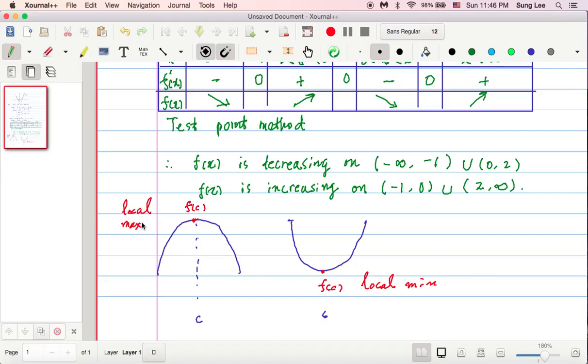And it turns out that f of 0, which is 0, is neither a local maximum nor a local minimum. We talked about that before, okay? So those kinds of points are called saddle points, like a horse saddle, okay? I mentioned that too.